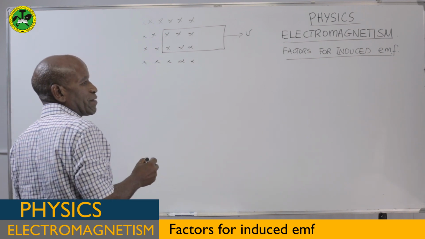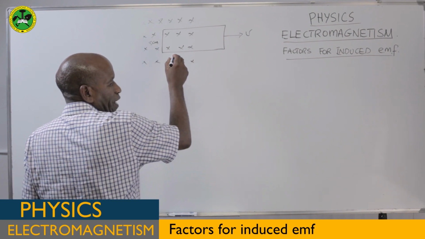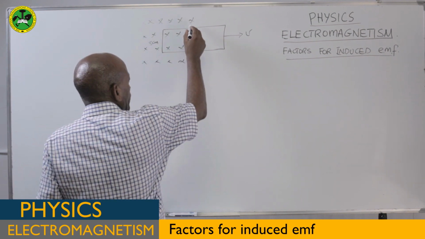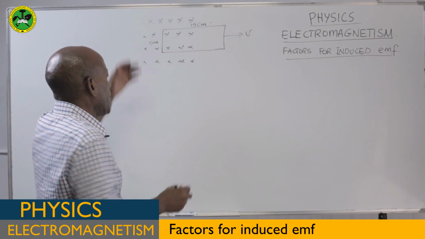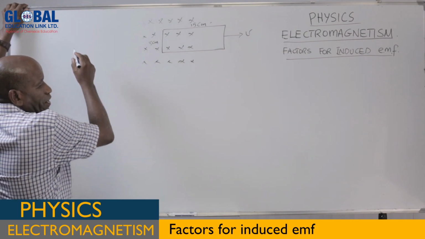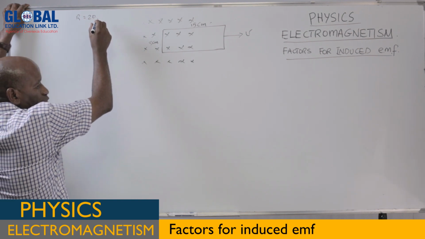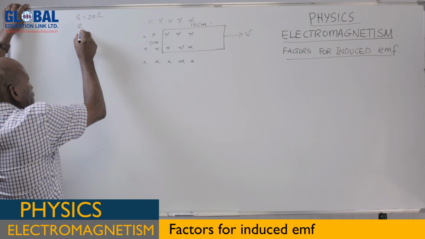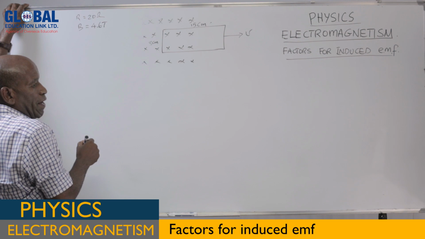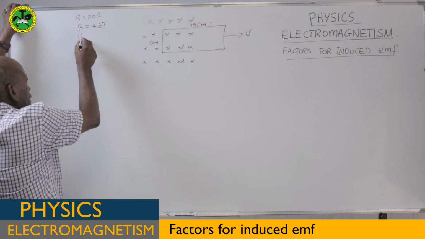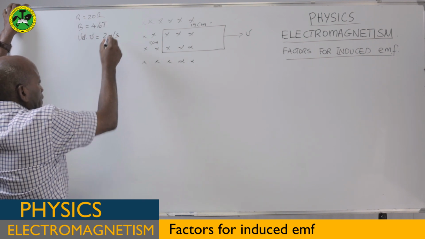This is a rectangular loop with 8 centimeters on this side and 15 centimeters on this side. The resistance is 20 ohms, the magnetic field is 4.6 Tesla, and the velocity v of movement is 2 meters per second.